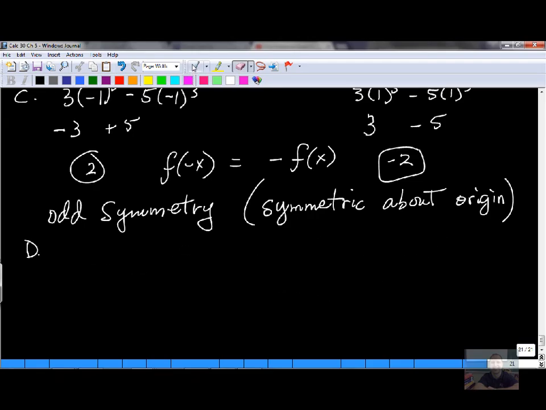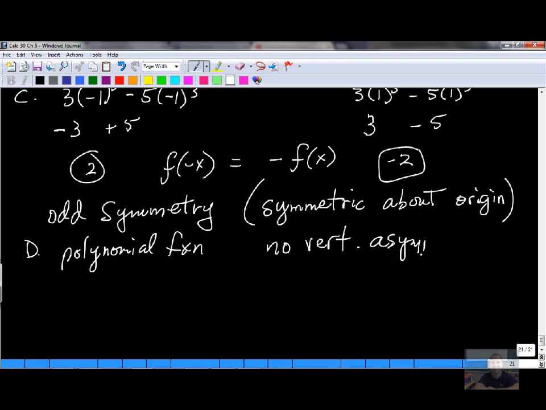Any reasoning that you want to jot down there would be great to display your communication, but you could say polynomial function, so there are no vertical asymptotes. You can abbreviate that if you like, and no horizontal asymptotes.